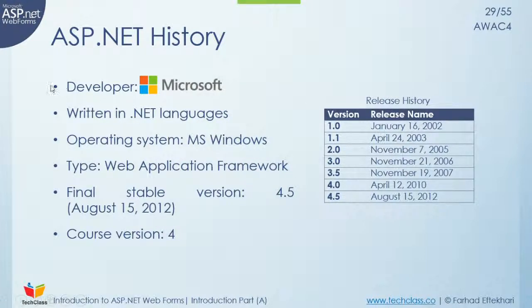The developer of ASP.NET, as we mentioned, is Microsoft, and you can write your ASP.NET project in any .NET languages that the .NET Framework supports, and the operating system needs to be Microsoft Windows. The final stable version when we were recording this course was August 15, 2012, version 4.5. And you're using version 4 for this ASP.NET Web Forms project.